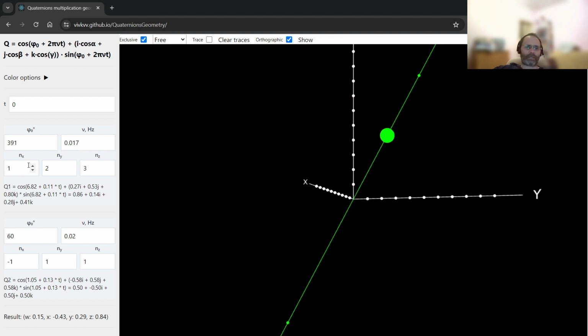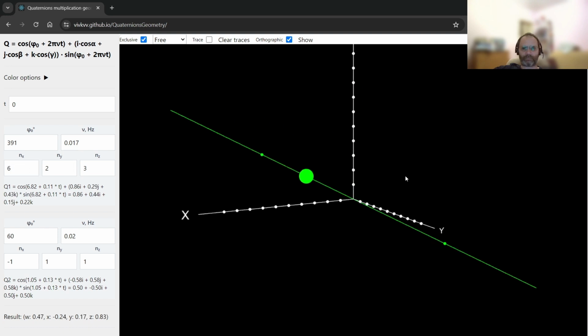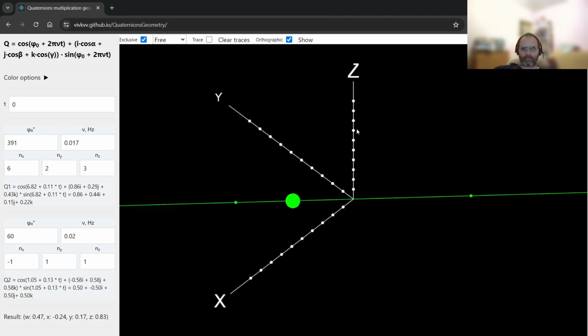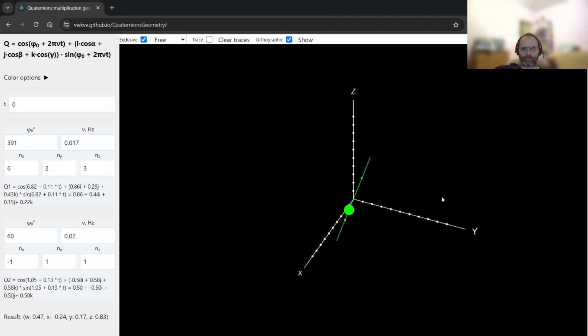Also, you can change the directional components, the components of the directional vector. And we'll see that the directional vector will change.